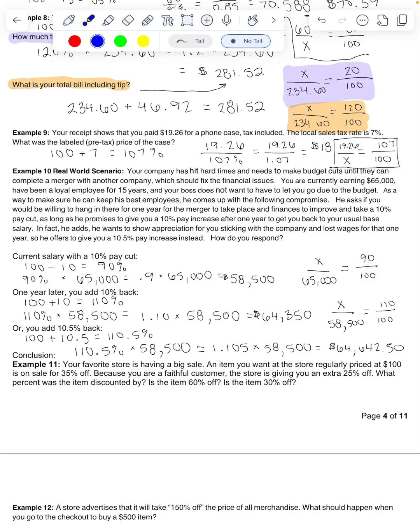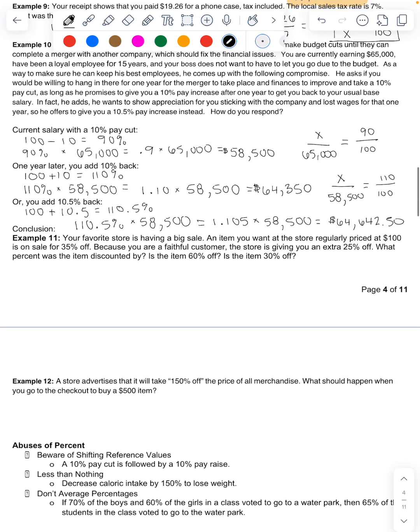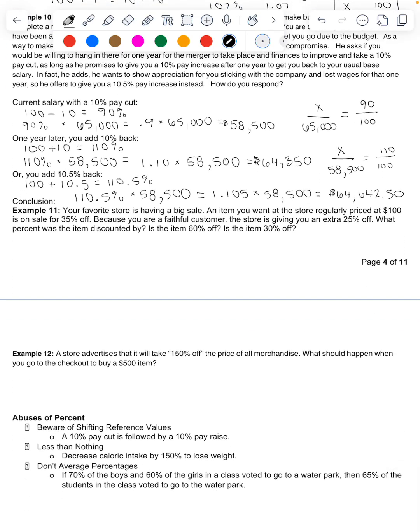You're going to have to find a new job unless you are going to be okay with just not making that $65,000 again. And there's a conclusion there, which I said, not good. We can say, quit your job.